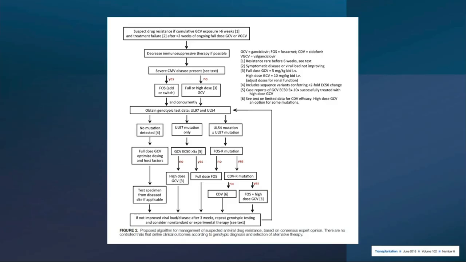It could be mild, moderate, or high level of resistance. With a low level of resistance, you can a lot of times overcome it with higher doses of ganciclovir. For other degrees, yes, generally we recommend that the drug is changed to overcome the mutation.